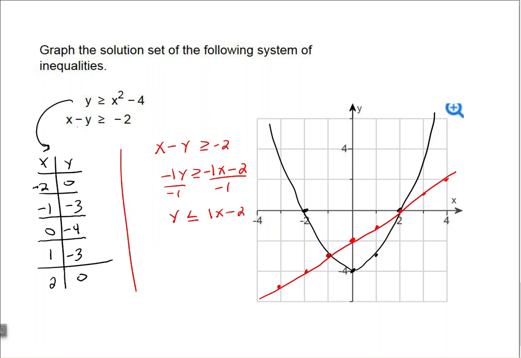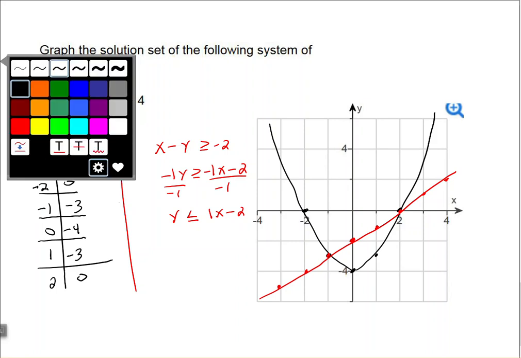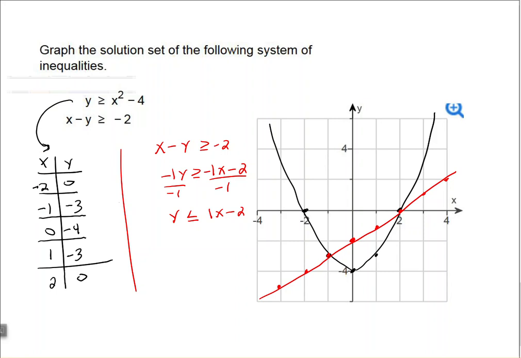So my first inequality for the parabola said y is greater than or equal to x squared minus 4. If you're not sure, pick a test point. And again, the easiest test point to choose is (0, 0). So let's test (0, 0) to determine where we should shade for the parabola.